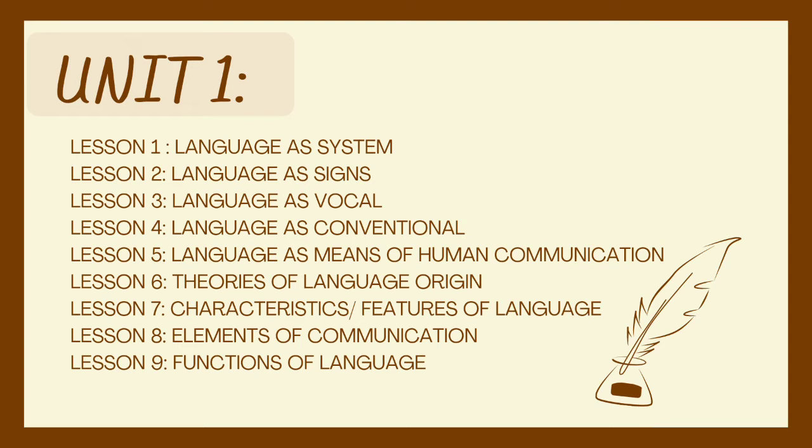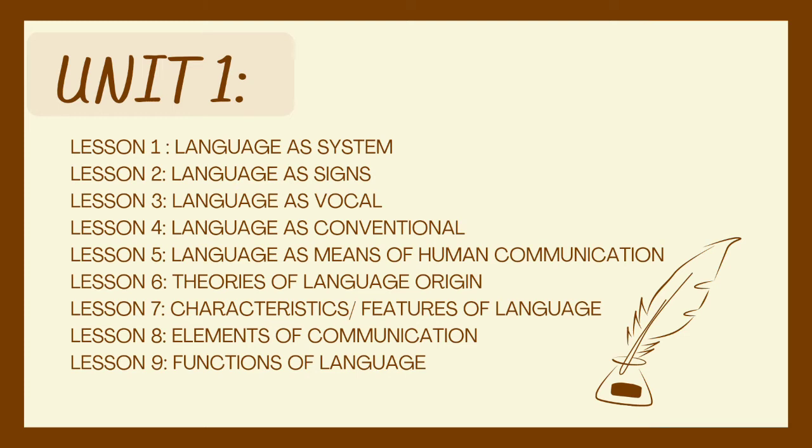Language is non-instinctive and conventional. Language is productive and creative. Language is a system of communication. And language is human and structurally complex. And lastly, language is unique, complex, and modifiable, as it has its own creativity and productivity.